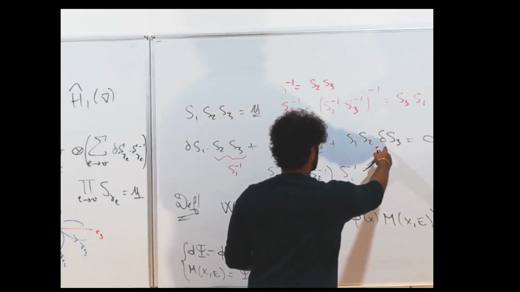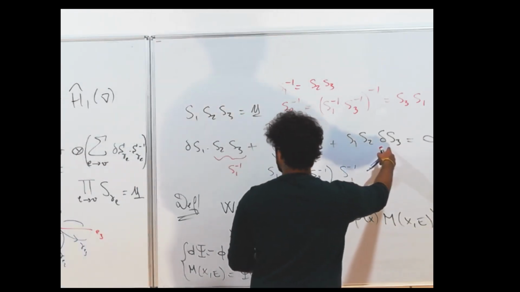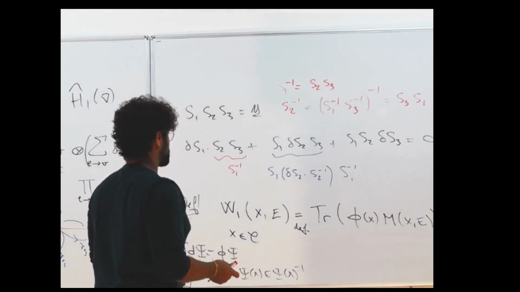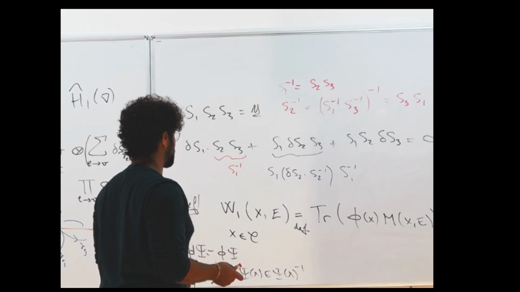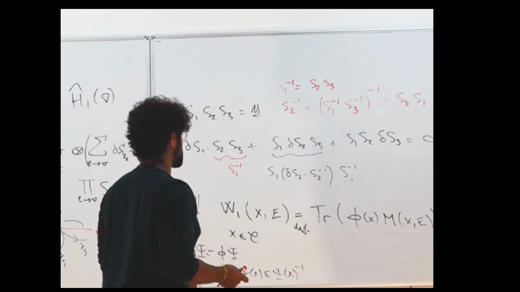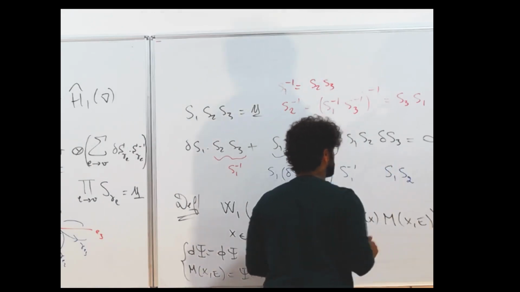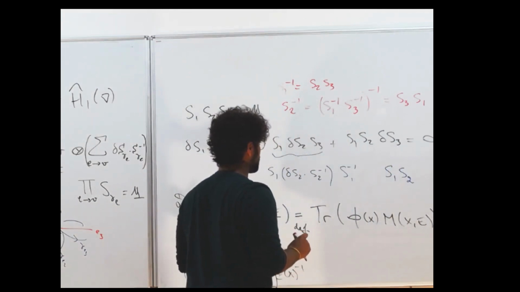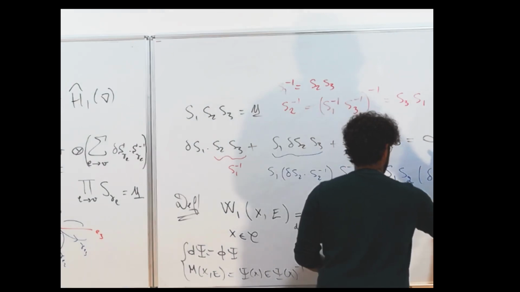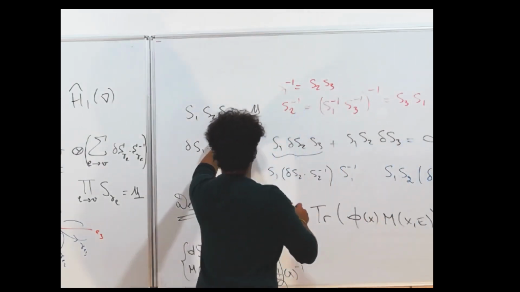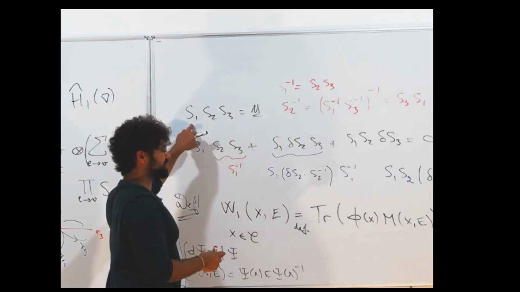And now this one here is basically the same, so it's going to be S1, S2 times delta S3. Okay, so S3 inverse is S1, S2.